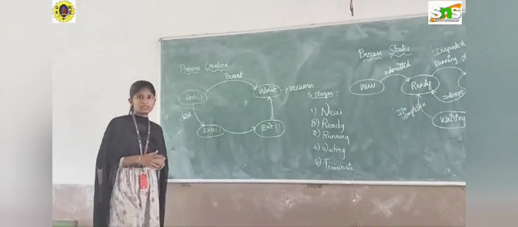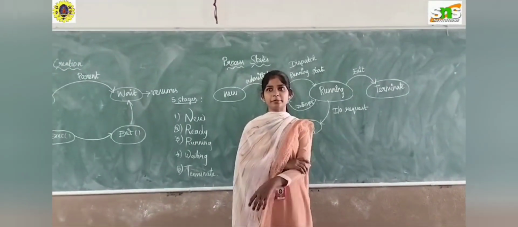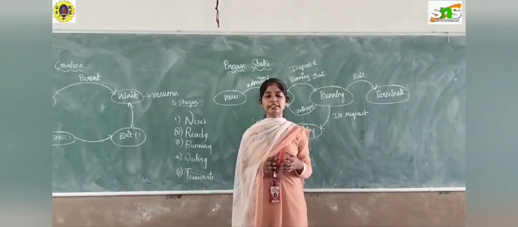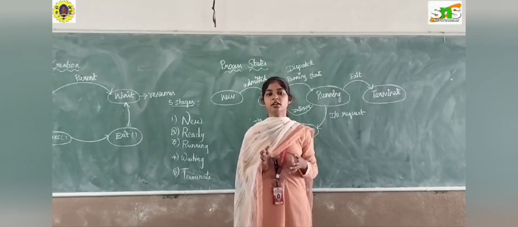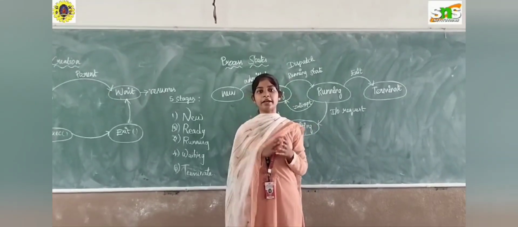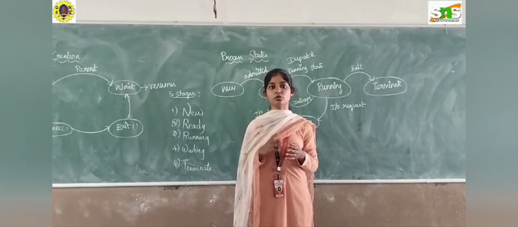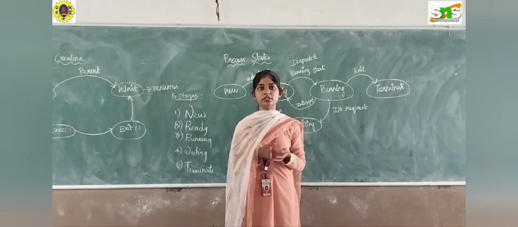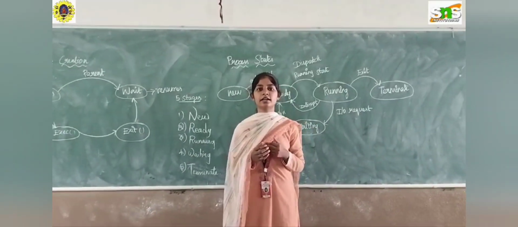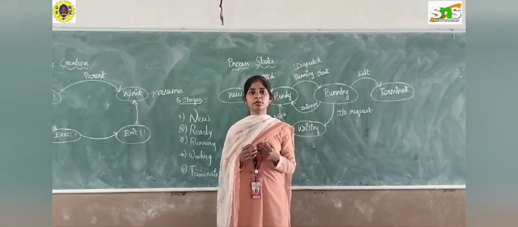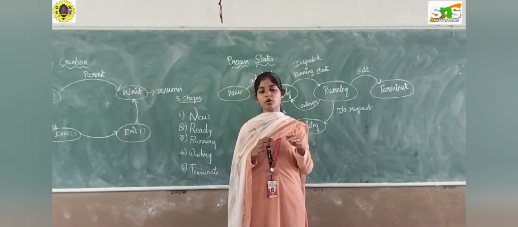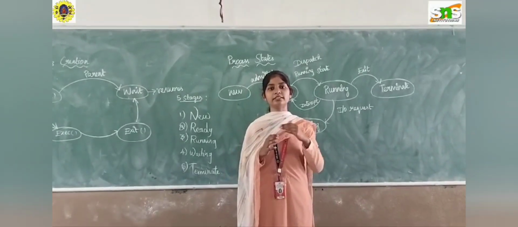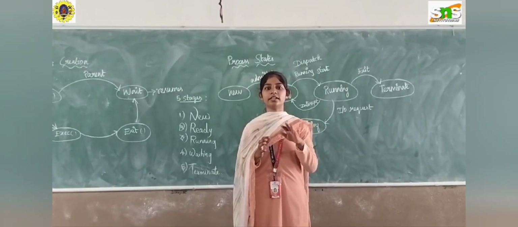Next is process termination, which has two major types. The first is terminating the parent process, and then the child process is also terminated by the parent. Another one is cascading termination. Cascading termination means the child processes are terminated first, and then it goes to the parent process and deletes it.